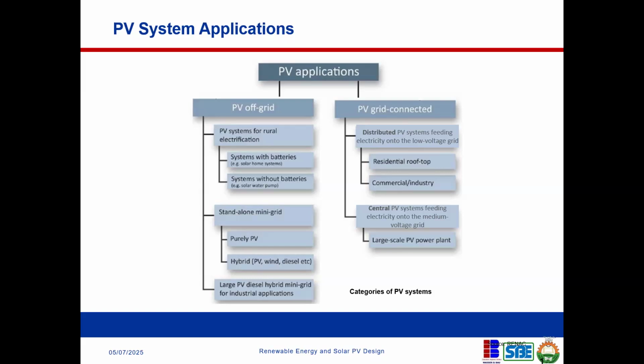And the reason is because the solar system is a non-dispatchable generation technology, right? What that simply means is that during the evening time, you cannot say you need 500 kilowatts and the solar system gives it to you.